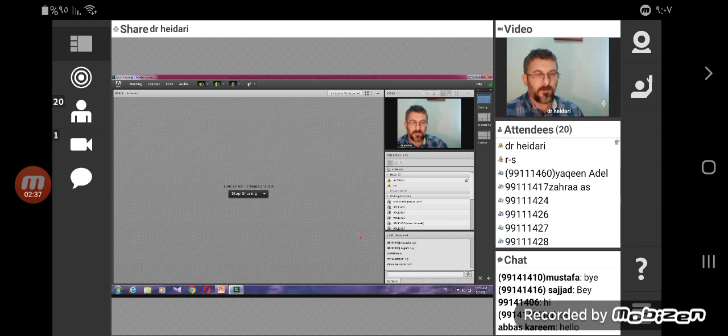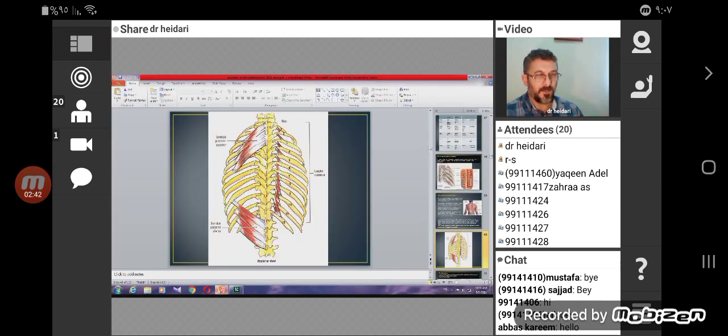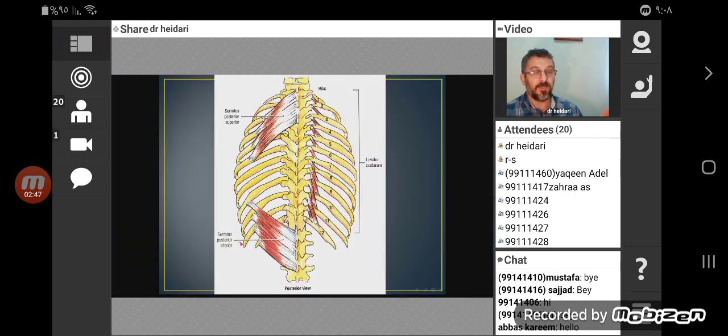All right. And this arises from T12, sometimes T11, T12, and two or three vertebrae. I mean T12, L1, L2, and L3. The fibers go superolaterally and attach to ribs 8 to 12, most of the time.